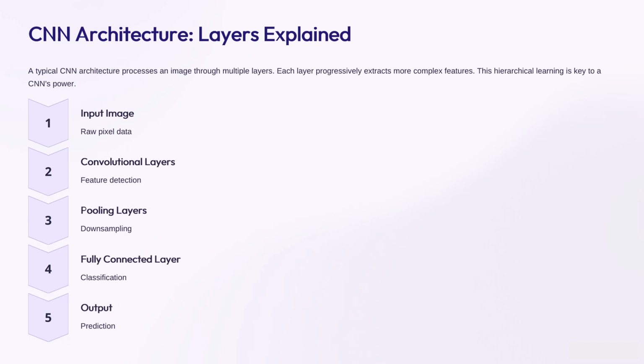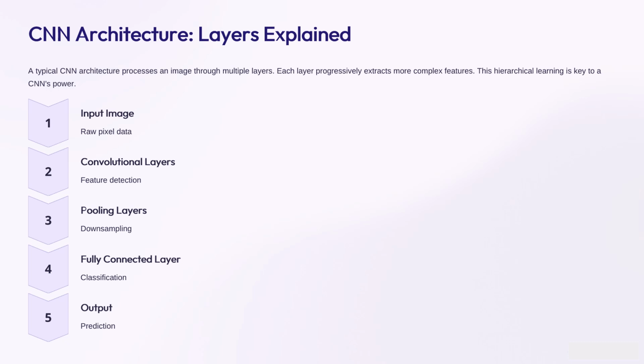And then second is the convolutional layer. These detect patterns using filters. The convolutional layer is used for feature detection. Then third one is the pooling layer. It is used for downsampling, which reduces the size of the feature maps. Then fourth one is the fully connected layer. This combines all the features.